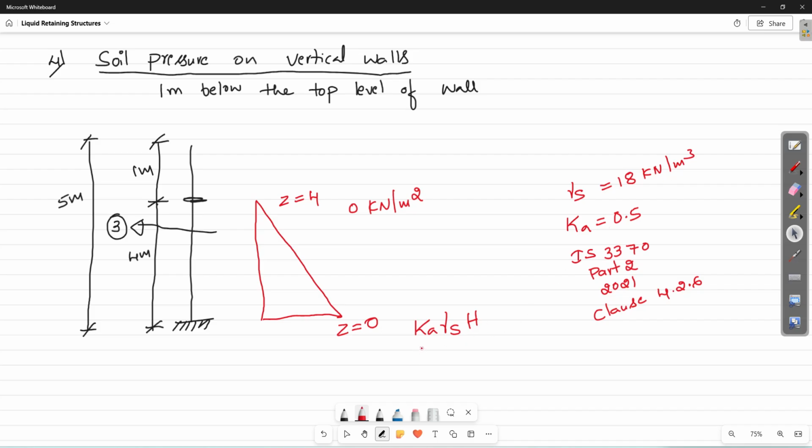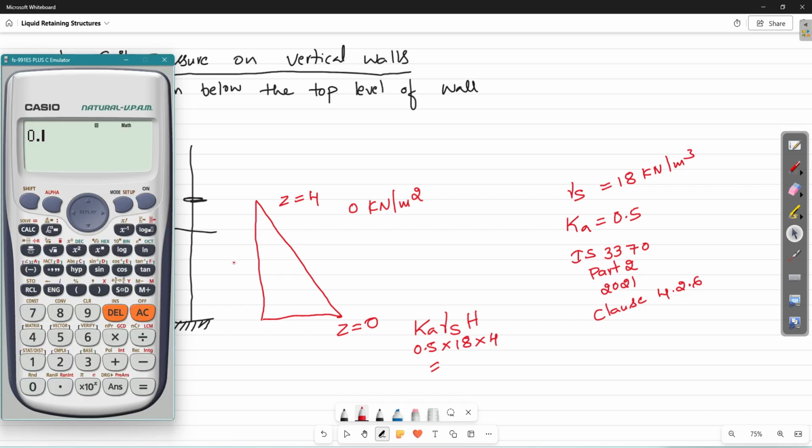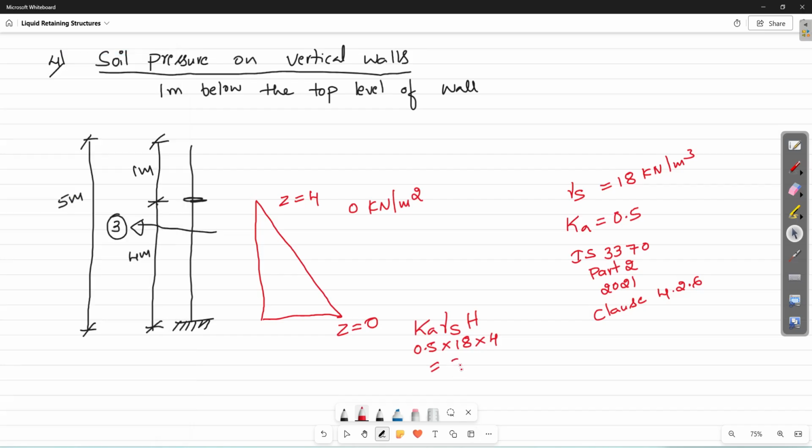So at the bottom pressure will be 0.5 into 18 into, so height will be 4, because your soil pressure distribution will be up to 4-meter height. So 0.5 into 18 into 4. So it is 36 kilonewton per meter square.